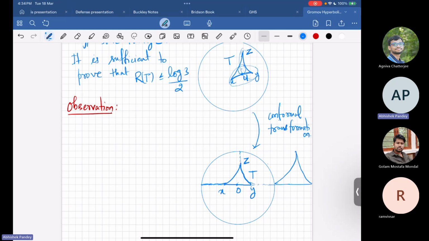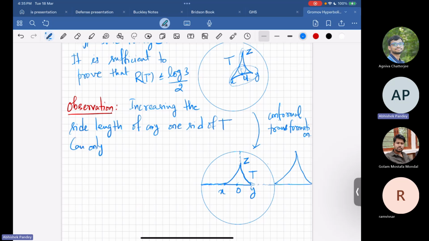It is like increasing the side length of any one side of T can only increase R. Okay, so we may as well assume that T is an ideal triangle.